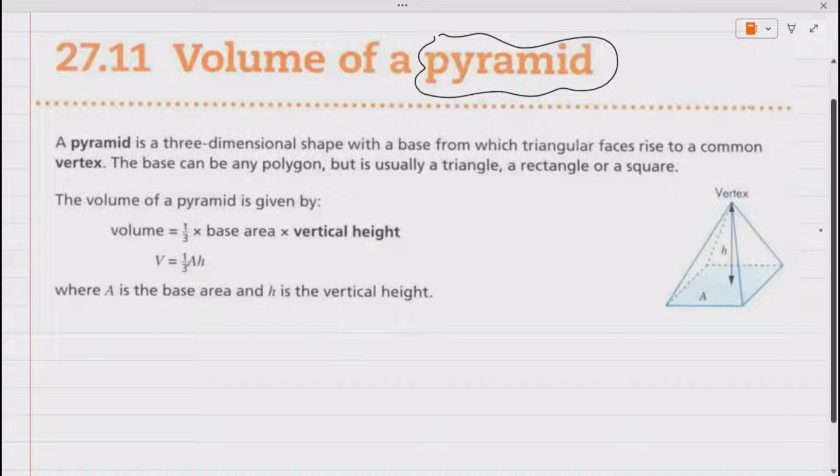Okay, so this is a three-dimensional shape which has a base with the triangular faces, right? So it means that the base of a pyramid is some rectangle, and because the shape has a length and breadth, this base part covers these two things, the length and the breadth.